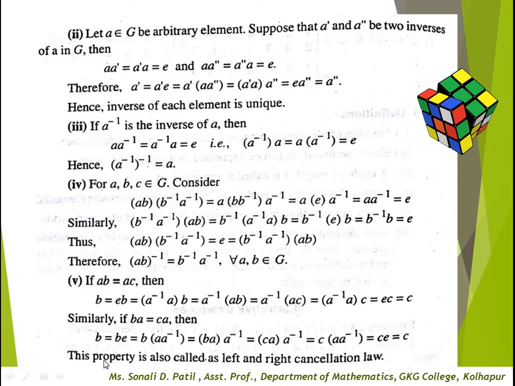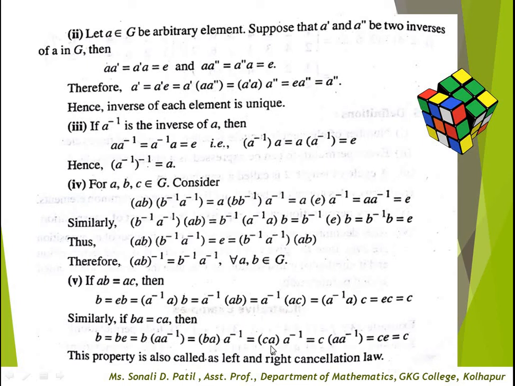We get the value C. Similarly, if BA is equal to CA, then again we consider B is equal to BE, E being the identity element. What is the value of E? It is A A inverse. So here we also use the associative property, so we can change the bracket on BA. What is the value of BA?